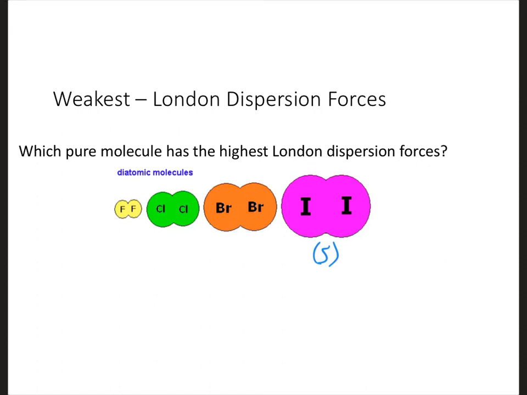What about fluorine? At room temperature, what is fluorine? State of matter. It's a gas. Fluorine gas, chlorine gas. Because they are smaller, they do not have strong enough dispersion forces to be locked into a solid state at room temperature.